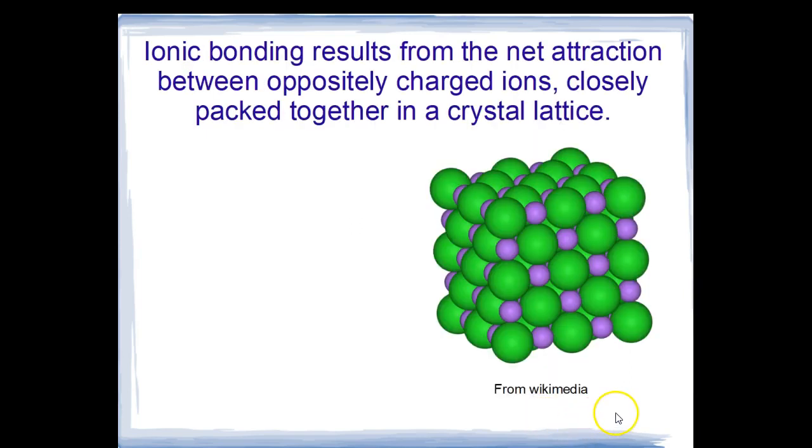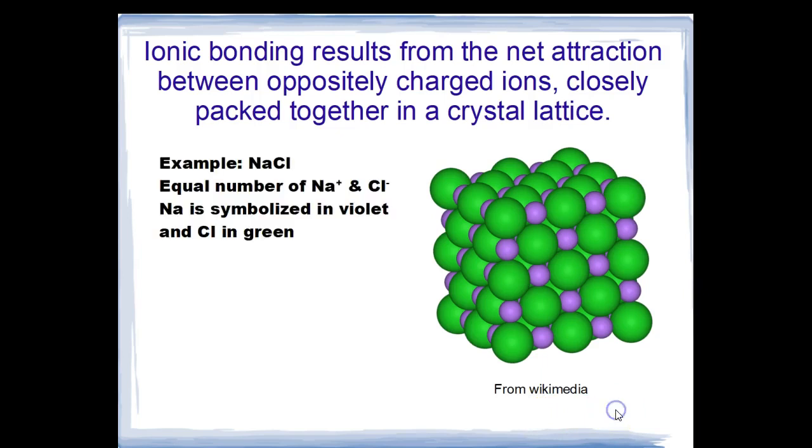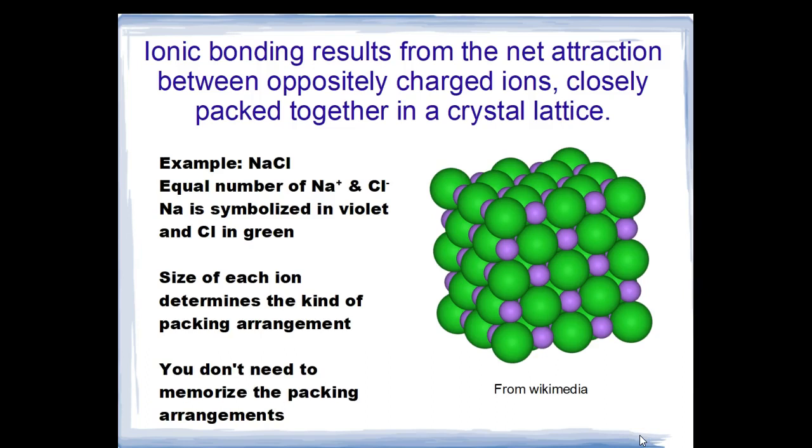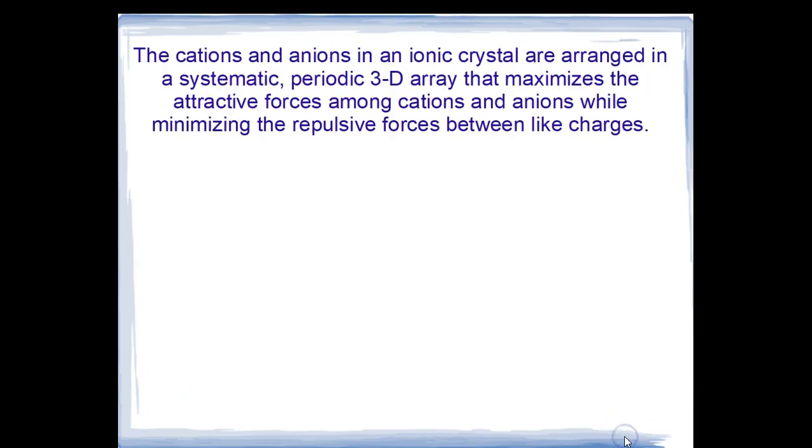Ionic bonding results from the net attraction between oppositely charged ions that are closely packed together in a crystal lattice. For instance, you see here sodium symbolized by the violet and chloride symbolized by the green. You have equal numbers of plus and minus charges. The size of each ion determines the kind of packing arrangement, but you do not need to memorize the packing arrangements from any textbook.